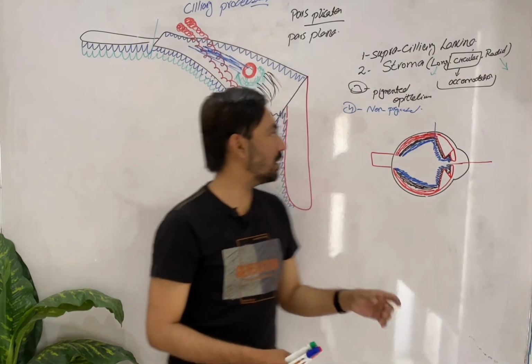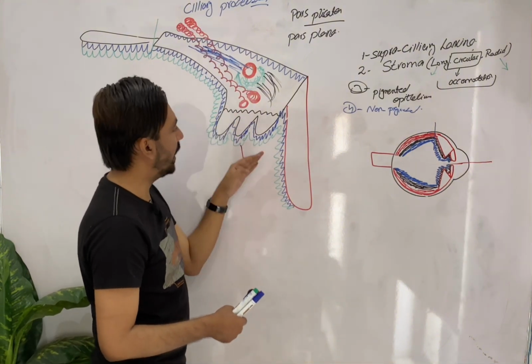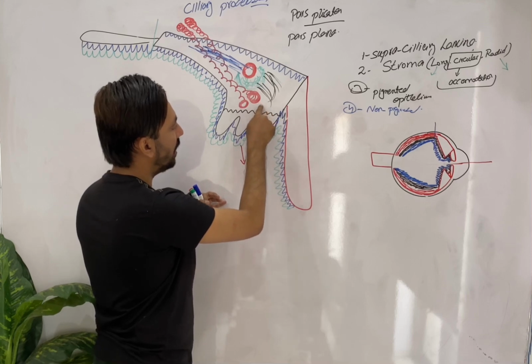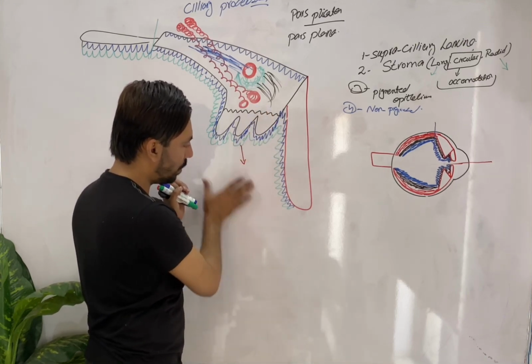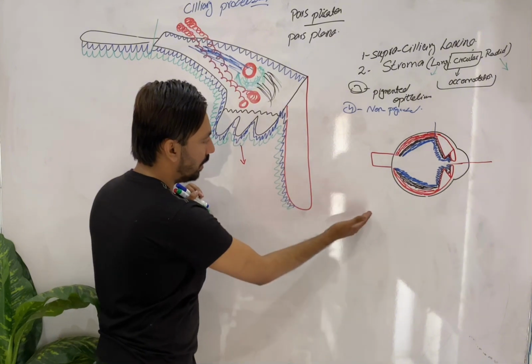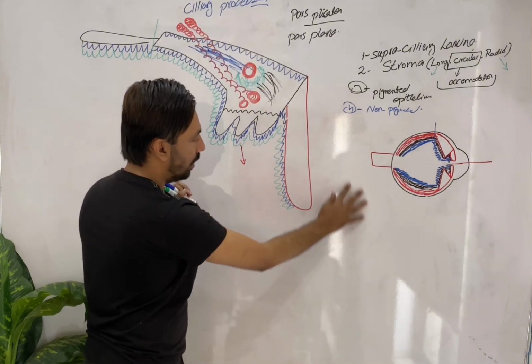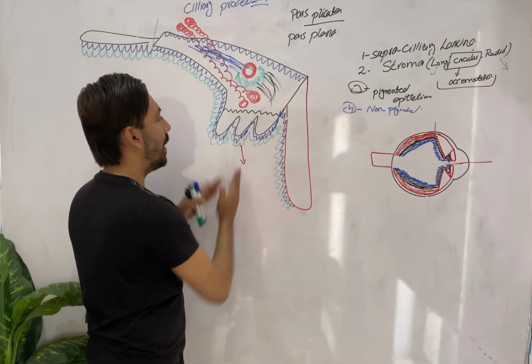And remember that this blood-aqueous barrier will prevent the backflow of the aqueous humor. The aqueous humor can only come from the ciliary body into the posterior chamber. This whole area, the whole posterior chamber, and in front of the pupil, the whole anterior chamber as well, is filled by the aqueous humor, but it cannot move back.